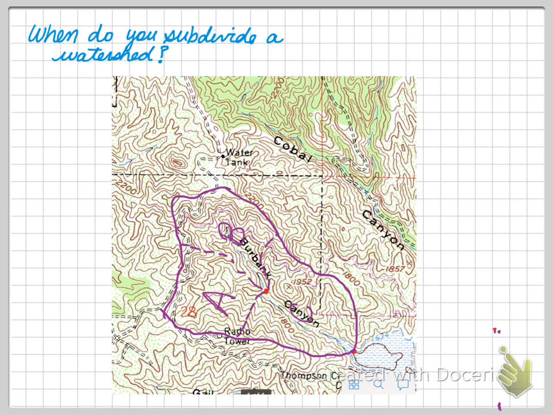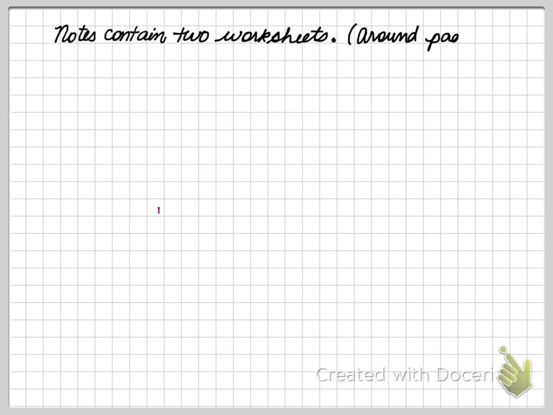For further help on watershed delineations, I have placed a handout in your note packet from the NRCS, which explains how to delineate a watershed. Review this before our next class. Prior to our next class, I want you to practice your watershed delineation skills. Find the two topographic maps in the note packet.